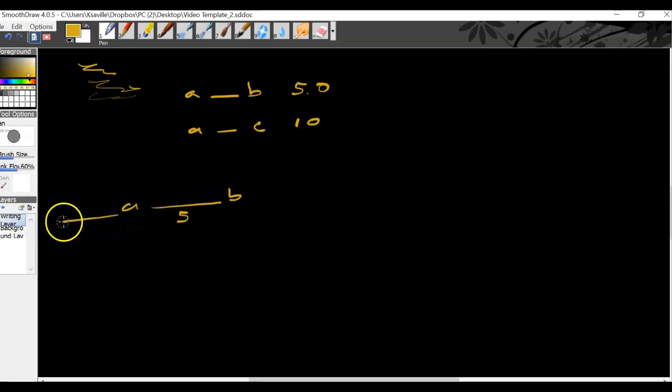So C could be over here, but it could also be to the right. So we have A and B, and that's 5. And we know A and C is 10.